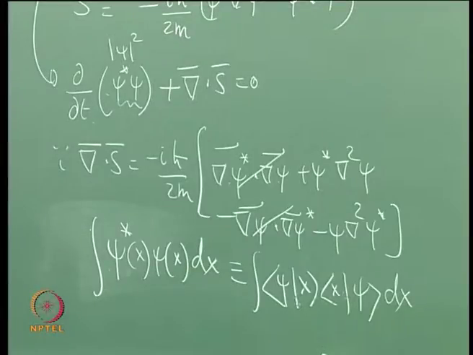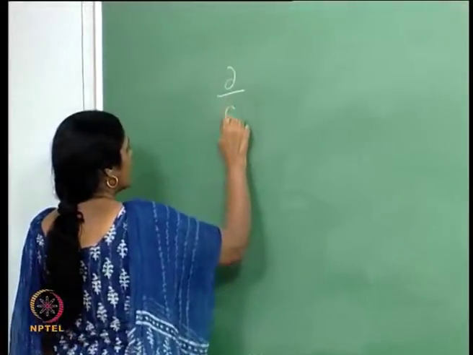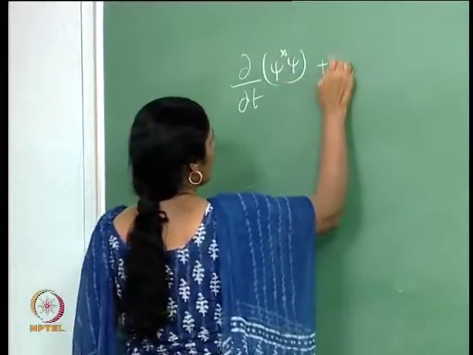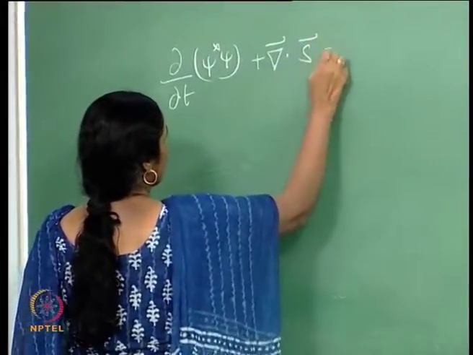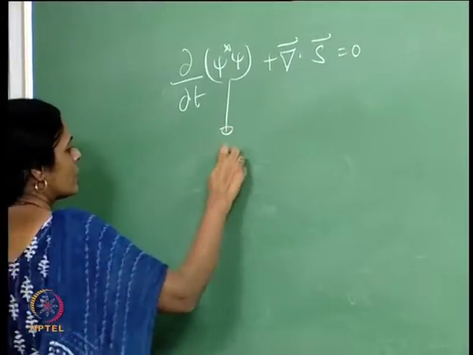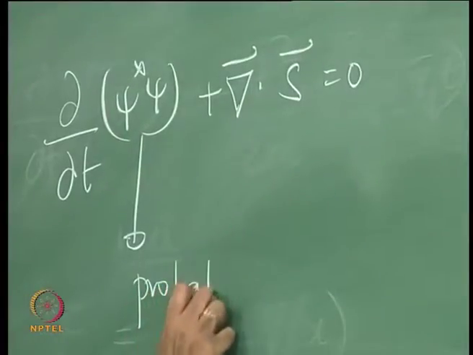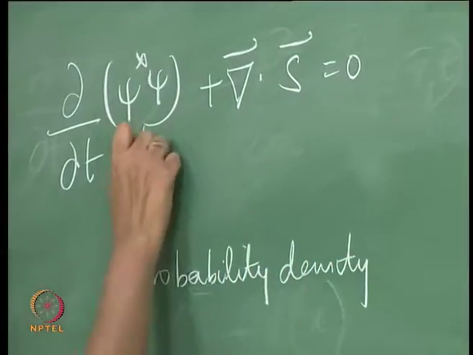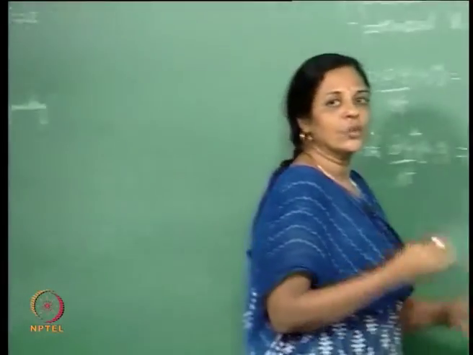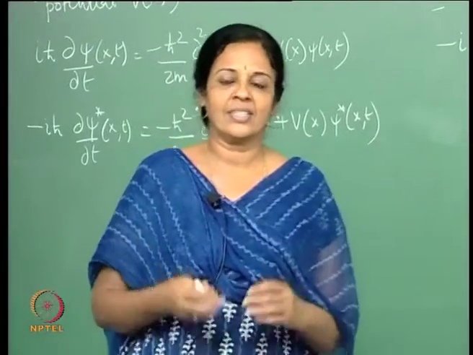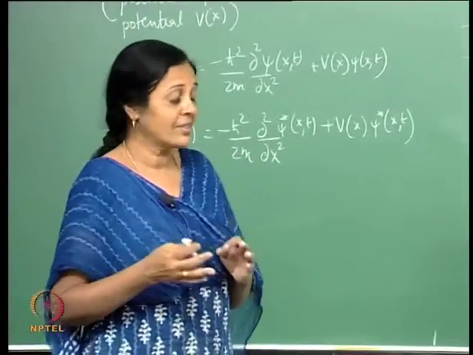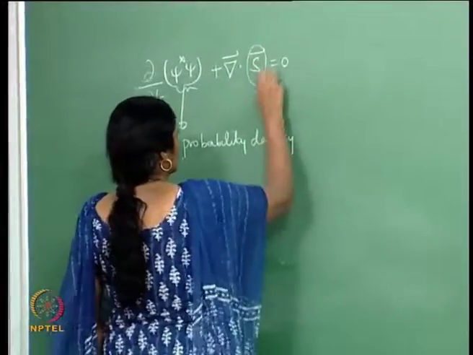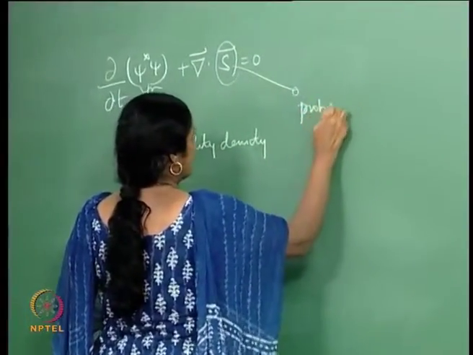Returning to the continuity equation, I have delta by delta t psi star psi plus del dot S equals 0. This object is called the probability density for very good reasons, because when you integrate over it, you get the total probability, integral psi star of x psi of x dx. That is the total probability, and that is 1. And this object here is called the probability current density.